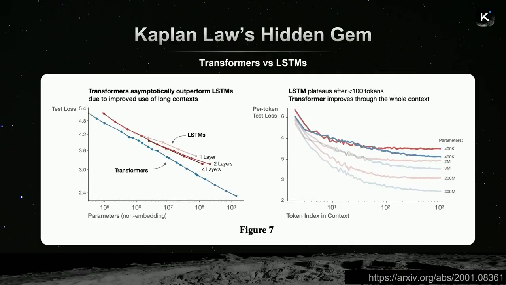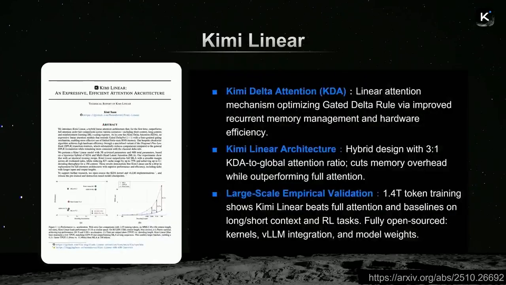So the research idea here is to develop a better architecture so that we can efficiently scale to a longer context length and at the same time achieve a lower per token loss at larger token indices. And this is the motivation for which we introduced this new architecture called Kimi-Linear.